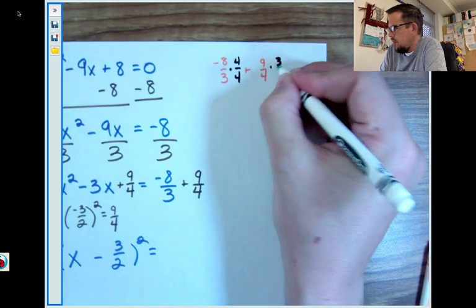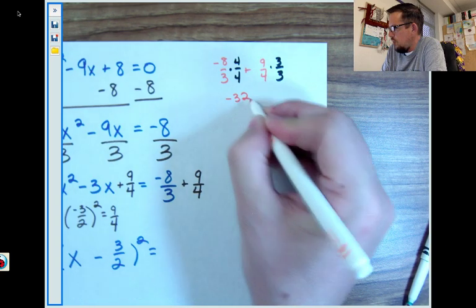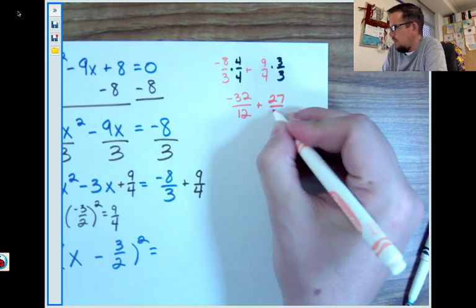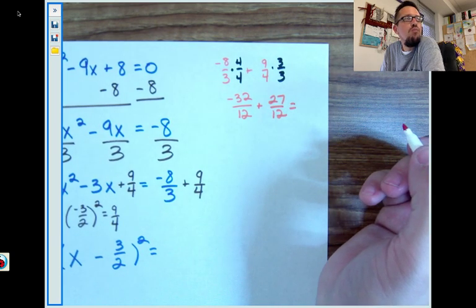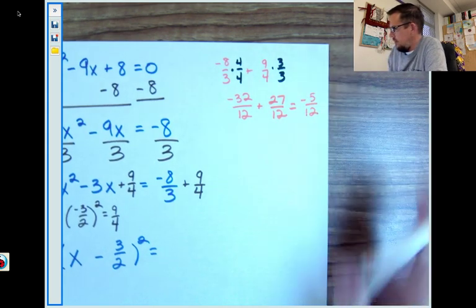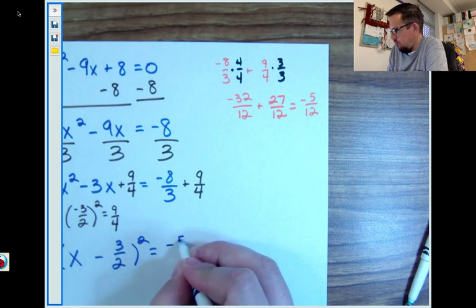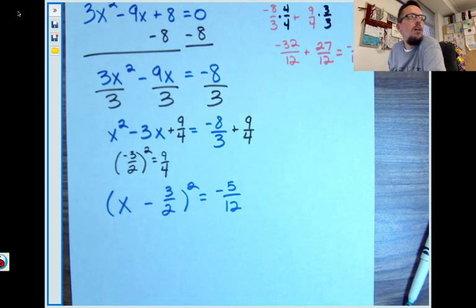This is 3/3. So that's going to give me negative 32/12 plus 27/12. Good. Negative 5/12. There we go. Great.